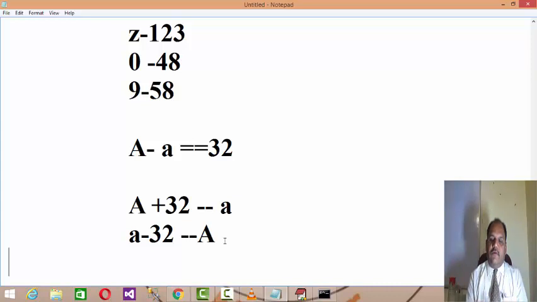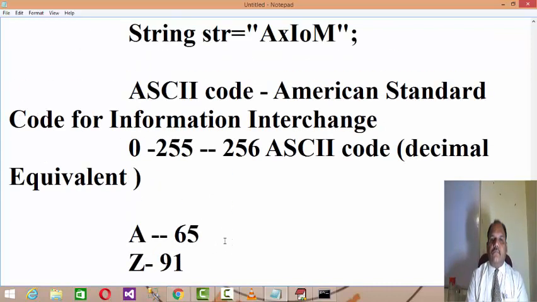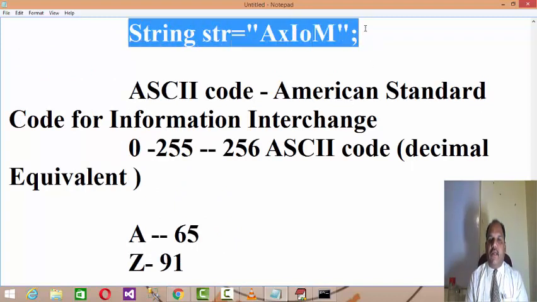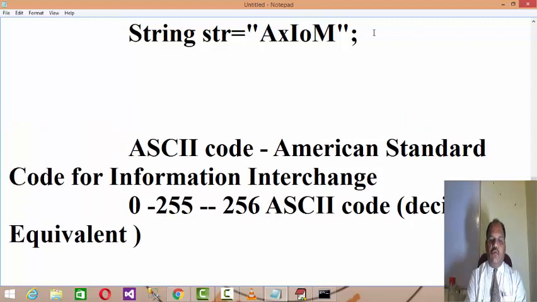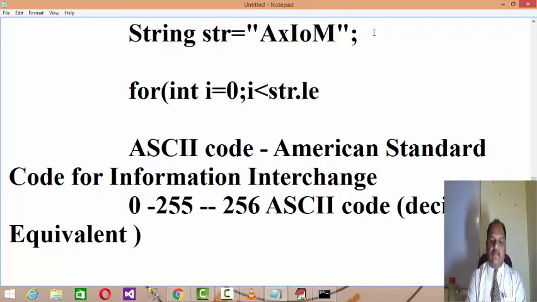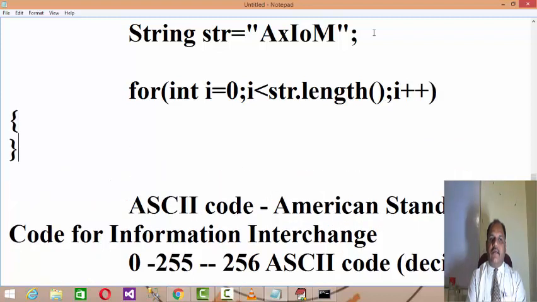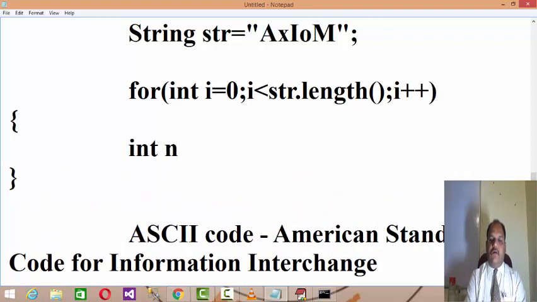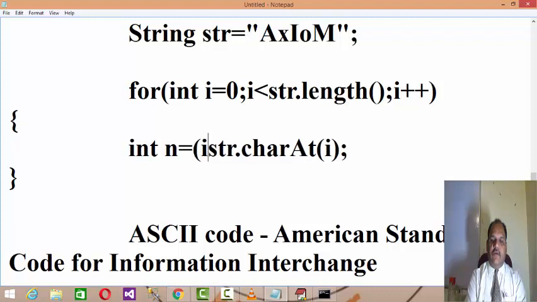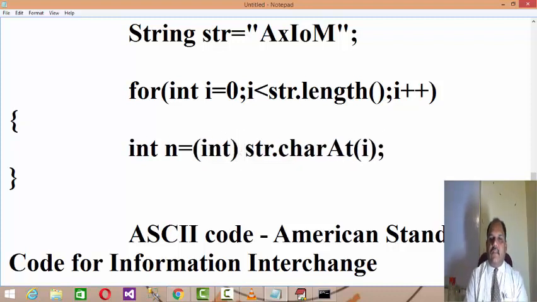You understand my point? So this is the way. Let's say I now want to change the case of this given string. I will set a loop like this: for int i equals 0, i less than str.length, i plus plus, and then first of all I will extract the ASCII value: int n equals, as you know, str.charAt will extract the character at the position, and if I cast it into an integer, I will get the ASCII value.